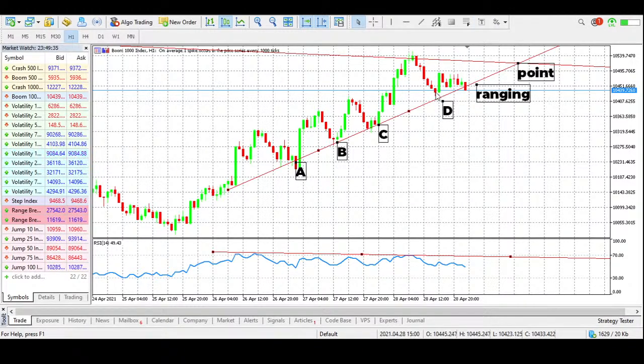Good. Now this is what happens. The candlesticks go up, they come down, go up, come down, go up, come down, go up, come down. But this time they don't go up, they range. Instead of going up, they range. So there's a higher possibility that this is going to break this divergence line and trend downward.